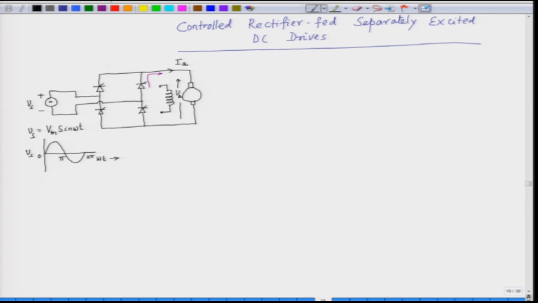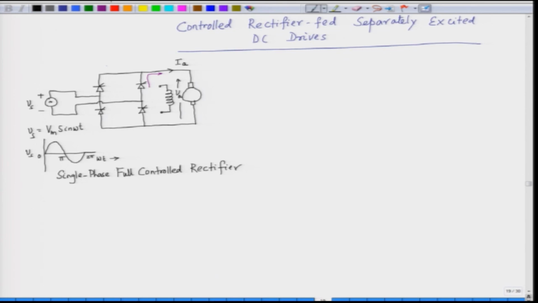So, the input is an alternating supply, and the average output will be DC. However, the average can be positive or it can be negative, because it is a full controlled rectifier. So, this is called a full controlled rectifier. And since the input is single phase, we can call this a single phase full controlled rectifier.